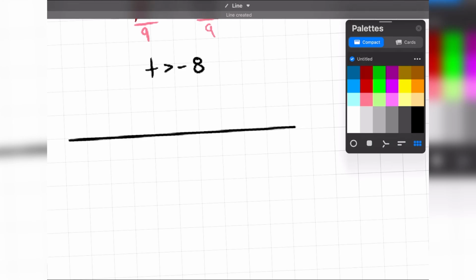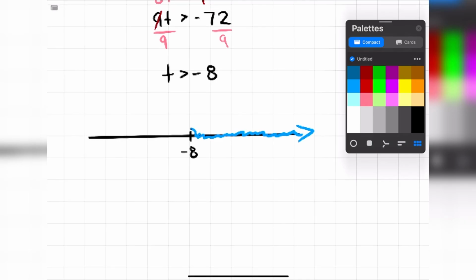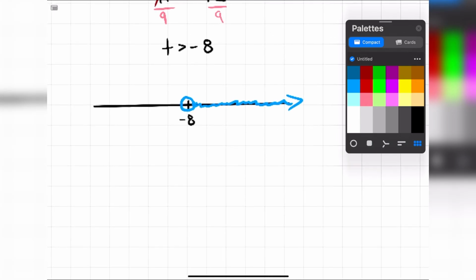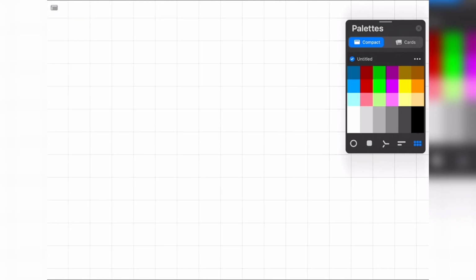Then you just put it on the number line, negative 8. t is greater than this number, so we go all the way over this, and it is not including negative 8, so we put an open circle here. The inequality notation solution would be parentheses negative 8, then all the way to positive infinity, parentheses, is your solution for that.